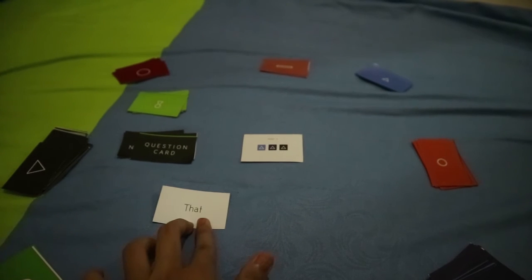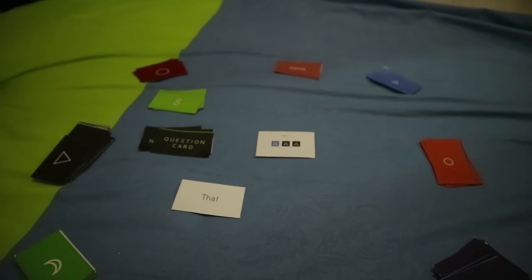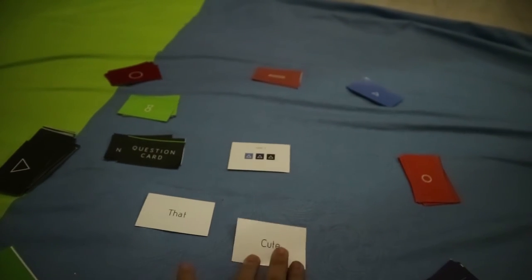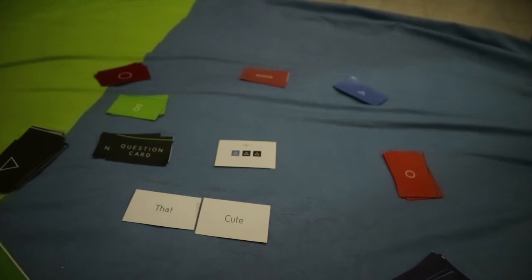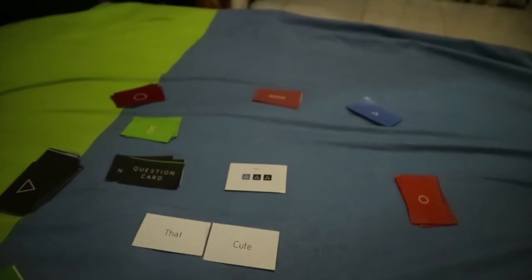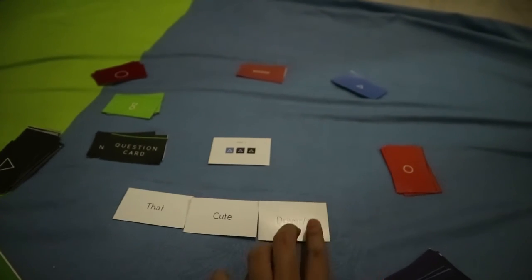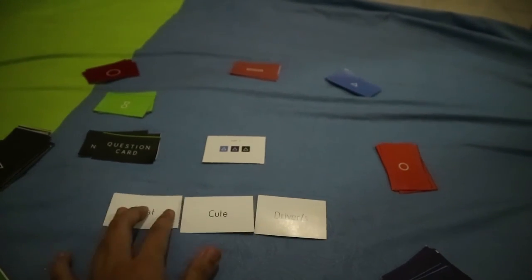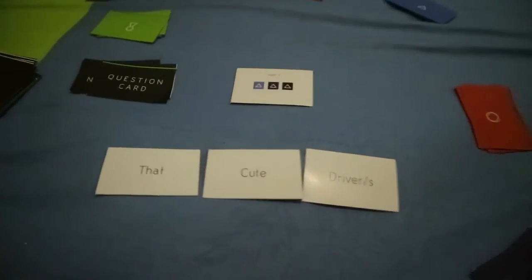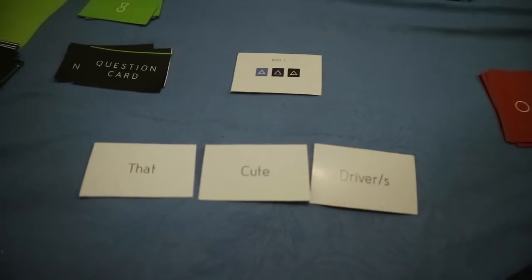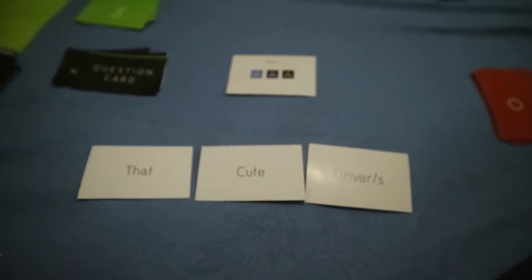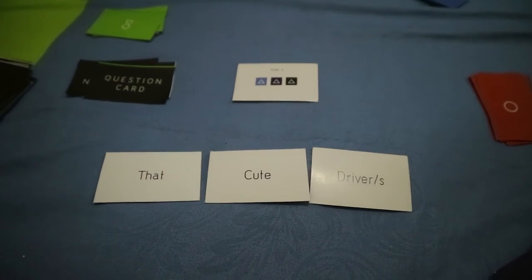So that. And then adjective, cute. And a noun is driver. So my sentence is that cute driver. Okay, that cute driver. So I'll get 5 points using this sentence.